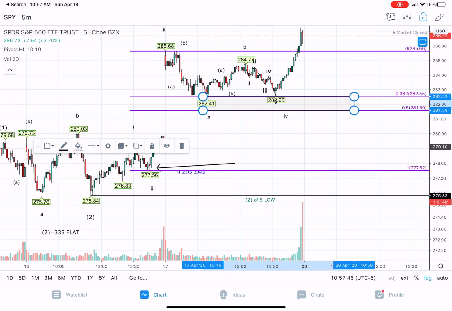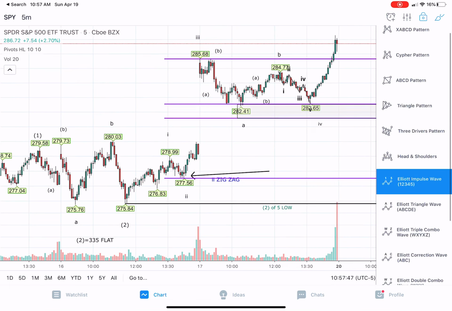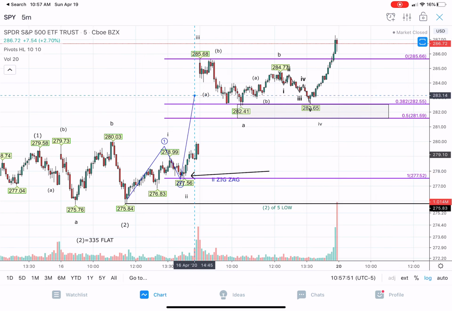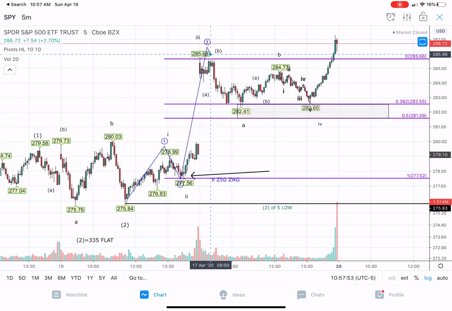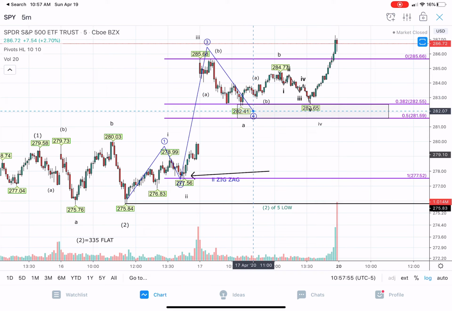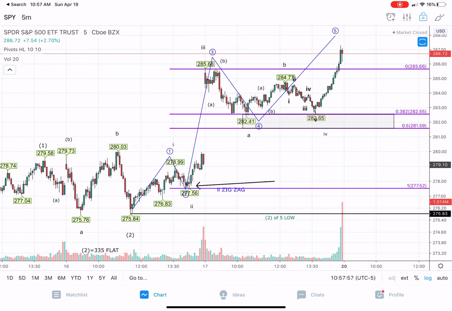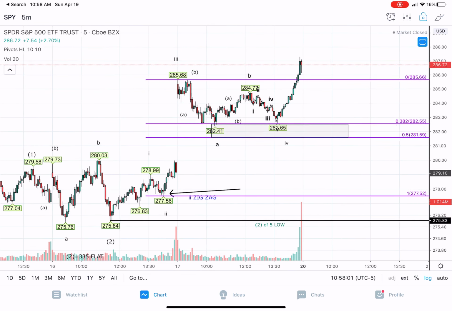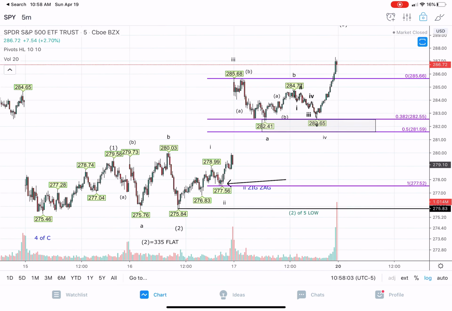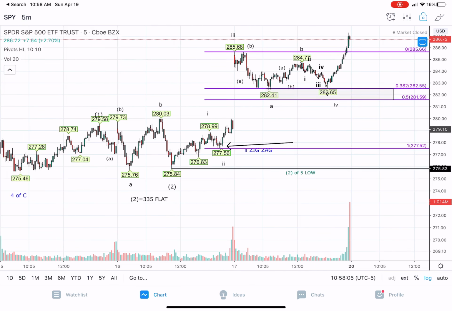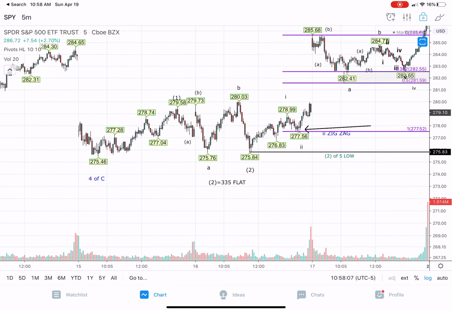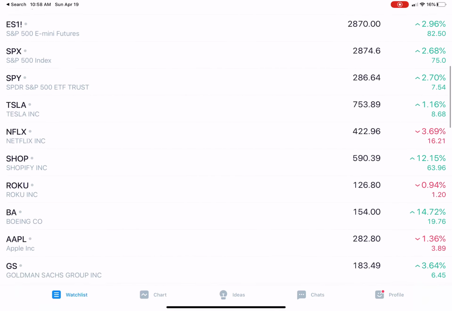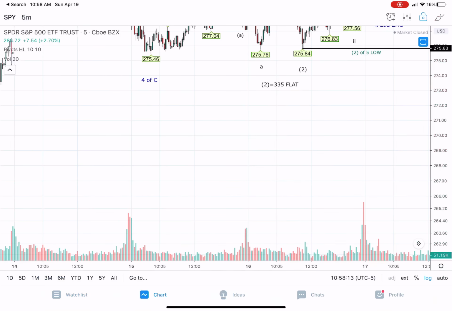So let me get our subwave 1, 2, 3, 4, 5. So I was just showing you guys the micro count and how to break those waves down like that.